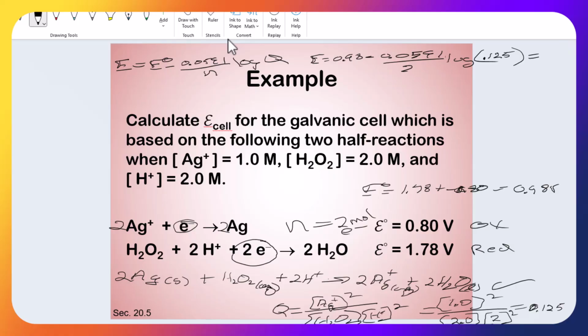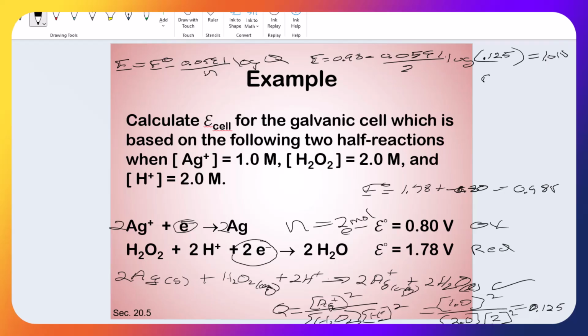So here we go. So 0.98 minus 0.0591 divided by 2 times the log of 0.125, and that gives me a voltage of 1.01 volts.